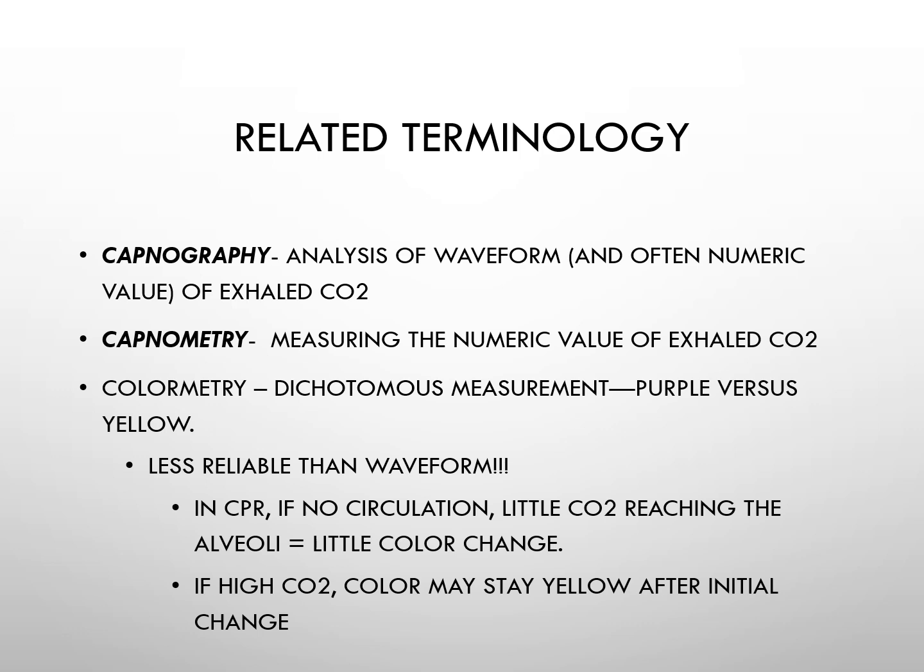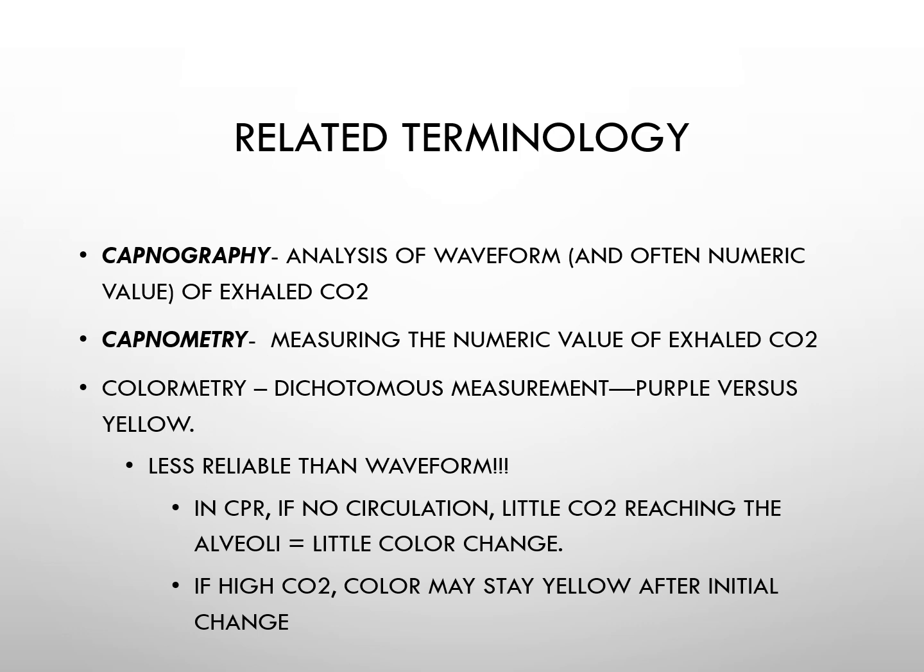A still related but somewhat different term is colorimetry, which is dichotomous: it's a measurement of, is it purple or is it a yellowish sand color, and what that actually means.